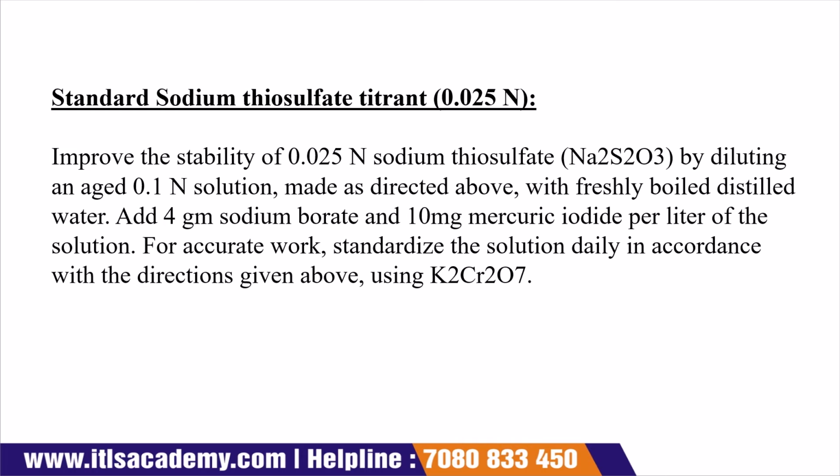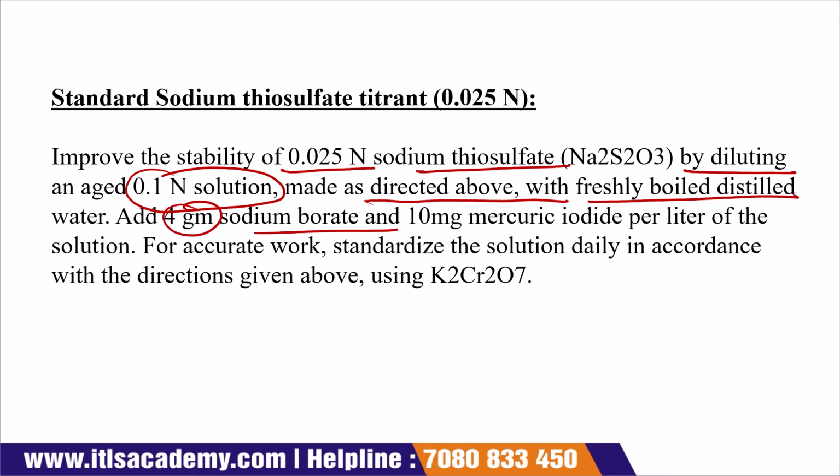Now after that we have to standardize the sodium thiosulfate titrant. For this we improve the stability of the 0.025 normal sodium thiosulfate by diluting an aged 0.1 normal solution with freshly boiled distilled water, and at the same time we add 4 gram of sodium borate and 10 milligram of mercuric iodide per liter of solution.